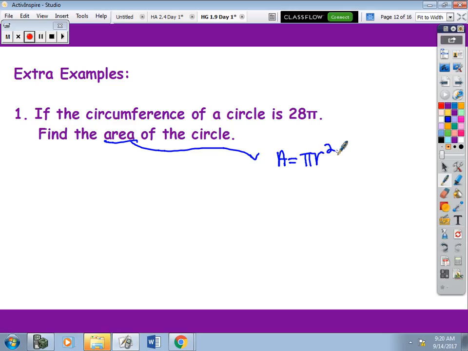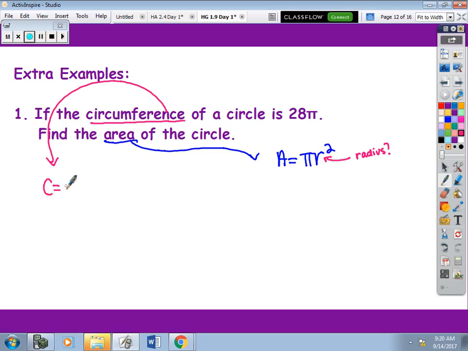In order to plug into this formula, I need to know the radius. Right now, they didn't give me the radius, right? They gave me the circumference. But what I can do is I can solve backwards from the circumference, figure out what the radius is. So I'm also going to jot down the circumference formula over here.